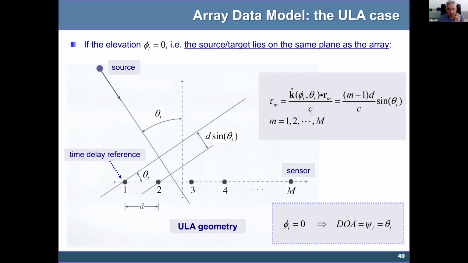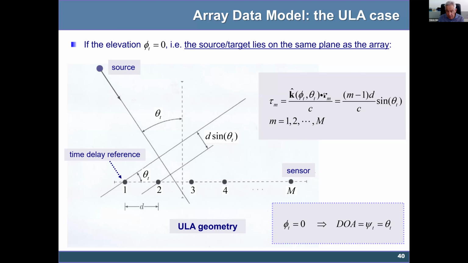Now, the propagation speed is typically known. So we know the propagation speed in free space, in water, and so on. Now, in general, how can we express this space here? It is the component of the direction vector along the direction of propagation. So it can be obtained as the inner product between k hat and R_m.